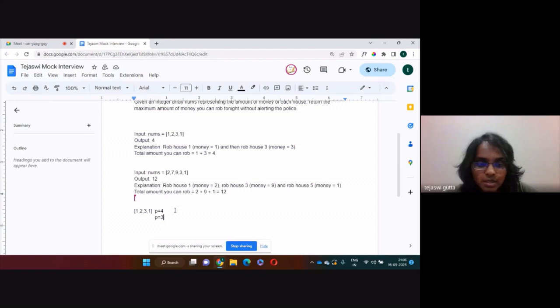So the base case would be that if I have reached the end of the array, then I would be returning the minimum value, whatever the minimum value that we have in that particular language.